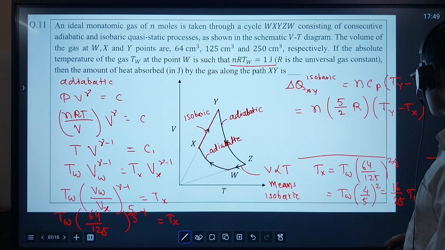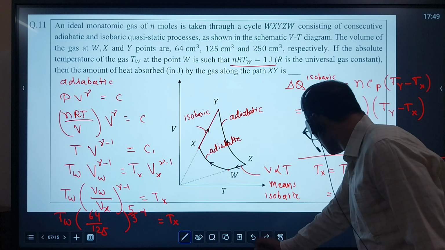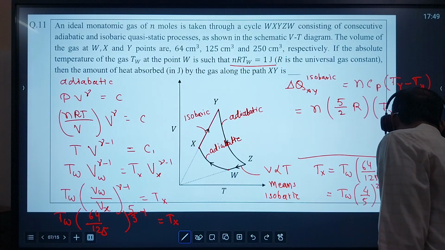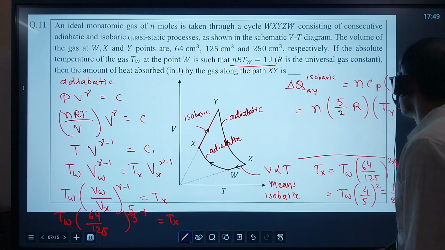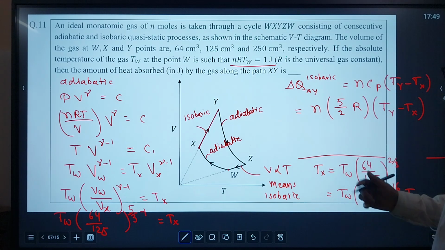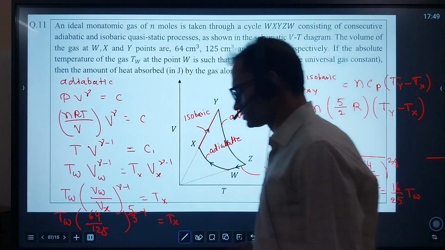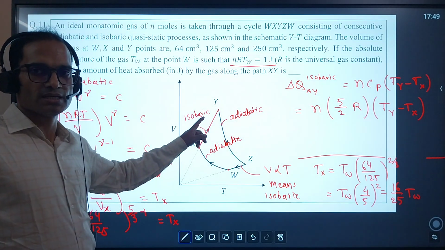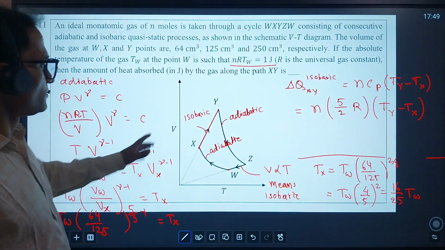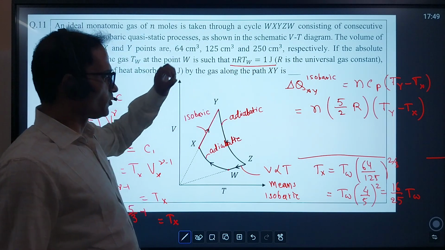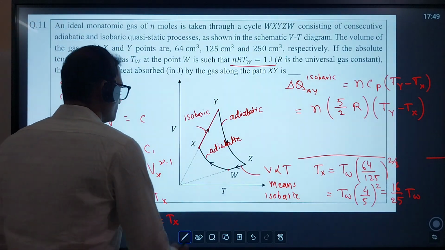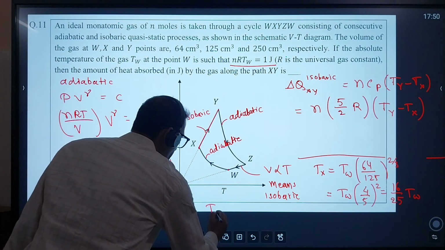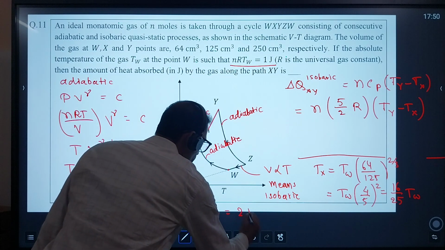We already got one of the temperatures in terms of Tw. What about Ty? We need Ty also. It will be easy because this is an isobaric process, so it is changing proportionally. Ty will be just 2 times Tx.